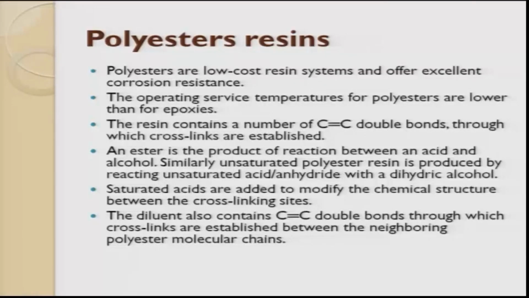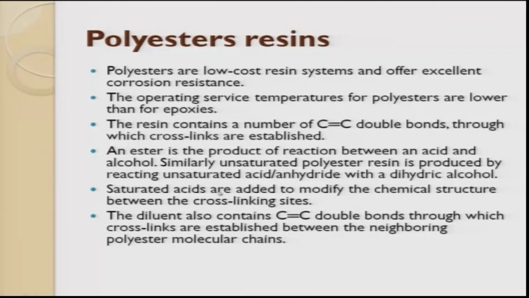Now, polyester. An ester is a product of the reaction between an acid and an alcohol. Similarly, unsaturated polyester resin is produced by reacting unsaturated acid or anhydride with a dihydric alcohol. This is how polyesters are made.